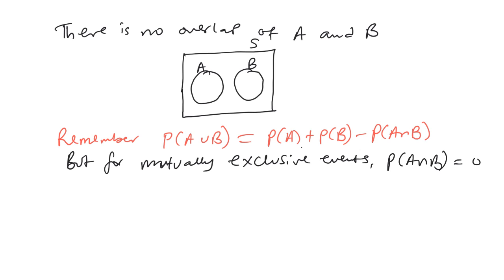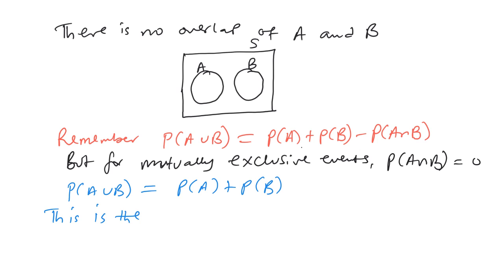So the probability of A union B will be just the probability of A plus the probability of B. This only happens for mutually exclusive events. This is the rule for combined events.